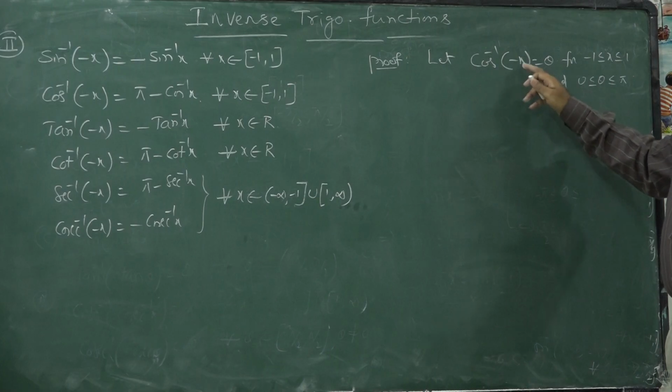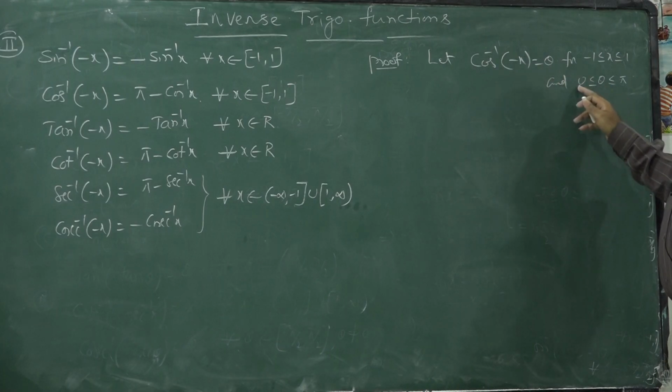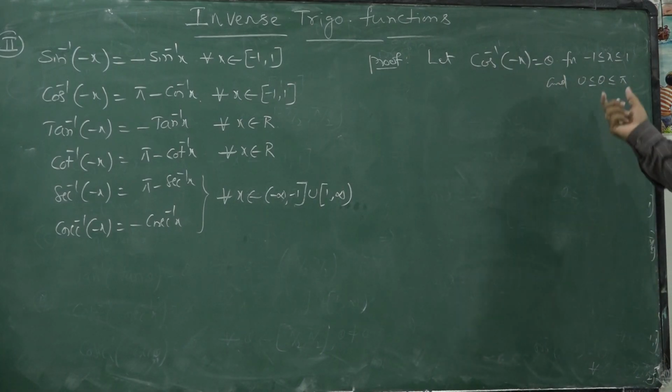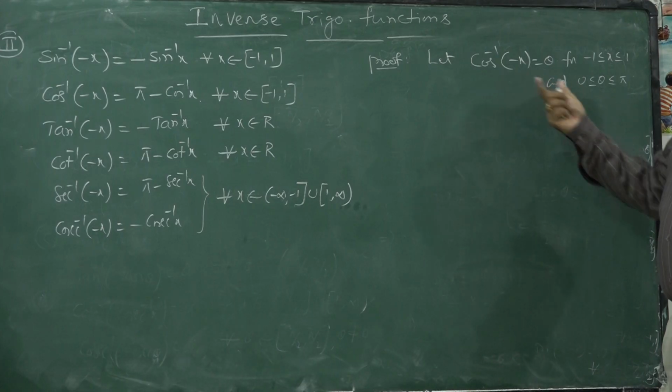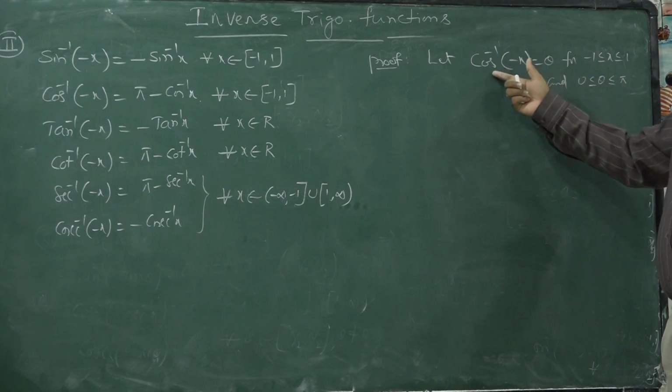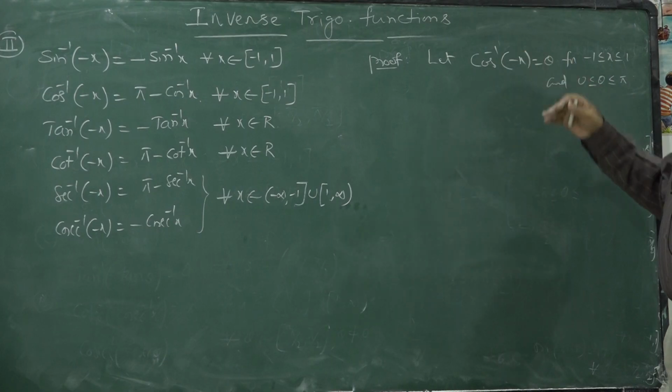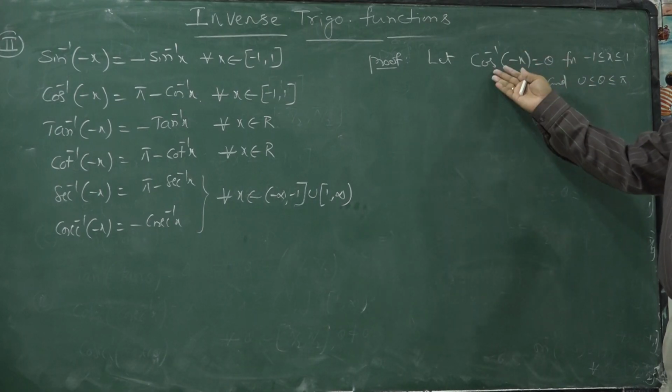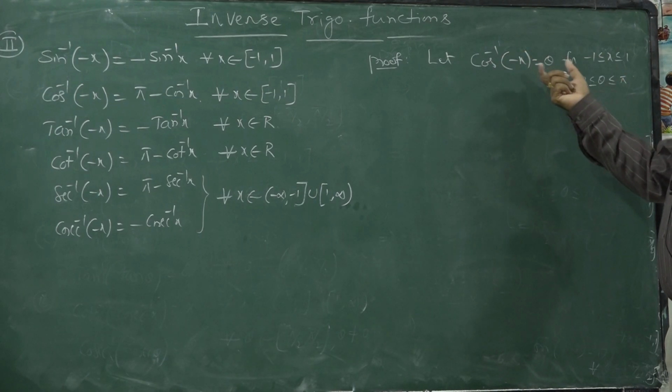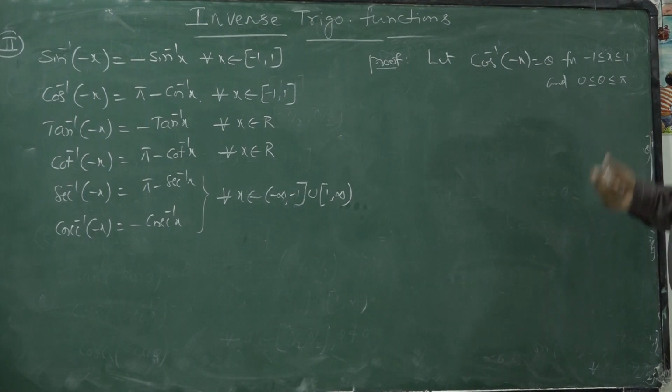Let cos inverse of minus x equal to theta, where theta lies between 0 and pi. I am taking the restricted domain of cos to get cos inverse here. In this domain it is clearly invertible, hence I am restricting the discussion to principal branch values only.